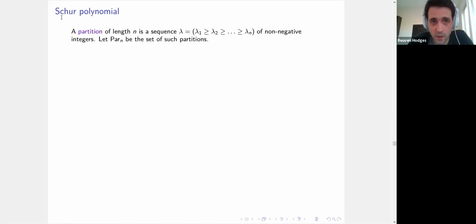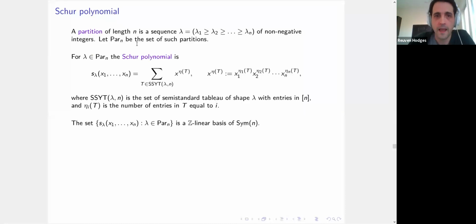A partition of length n is just a sequence of non-negative integers that are weakly decreasing, and I'll let Par n be the set of such partitions. Given a partition, you can define the associated Schur polynomial in n variables.